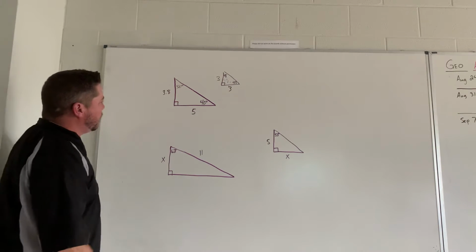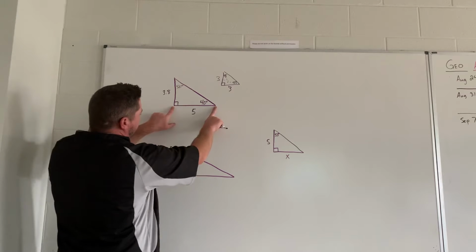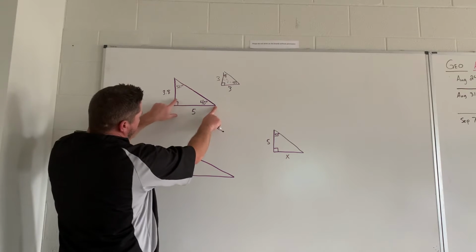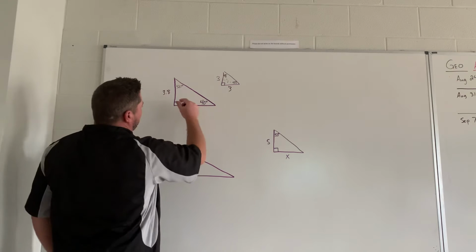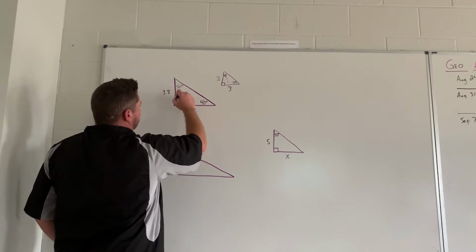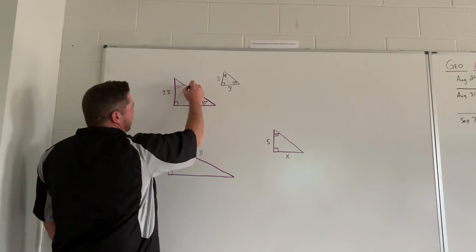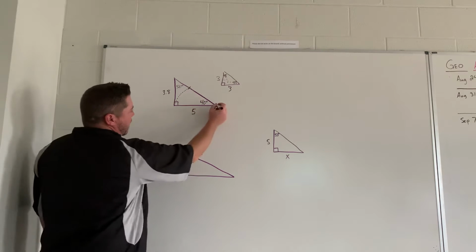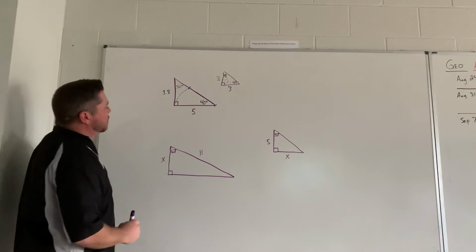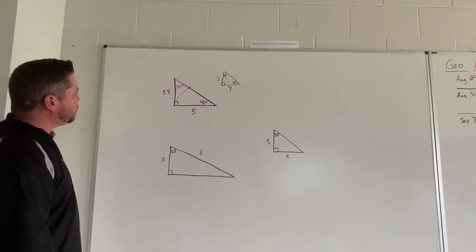The other thing I want to think about is if I were to keep this here and swing this side up, that length right there is going to be about 5 if I started from there. That's just a pure estimate again.